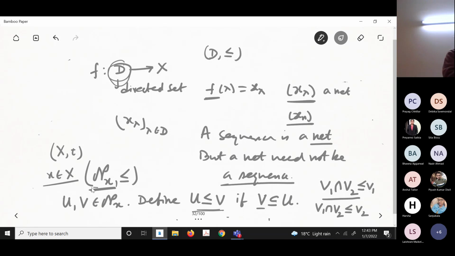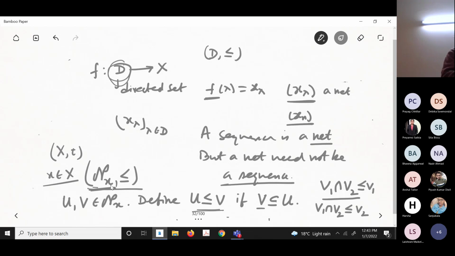So this is cofinal. So this is a directed set. Actually, in topology, we use this directed set. I will say 99.9% of the time we use this neighborhood system. That's why it is very important.